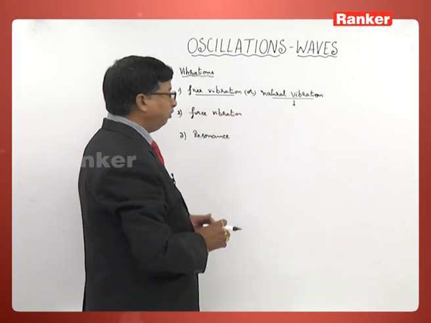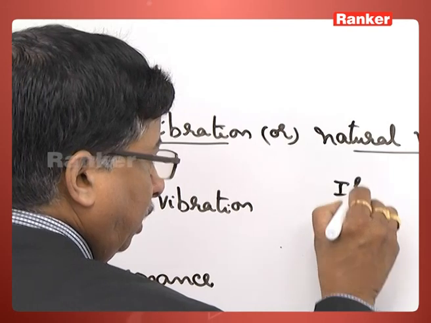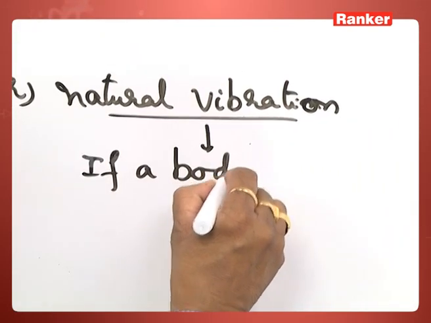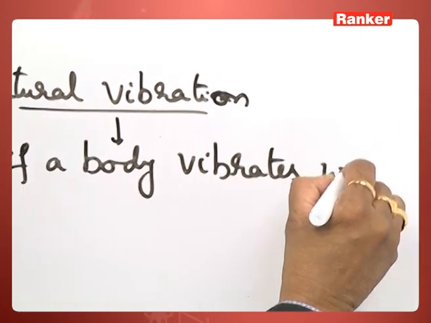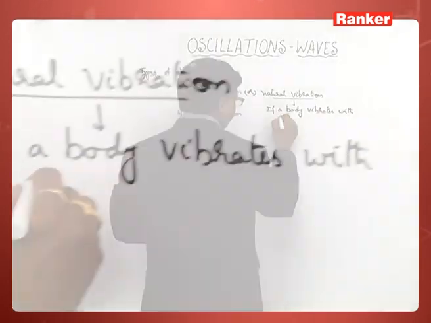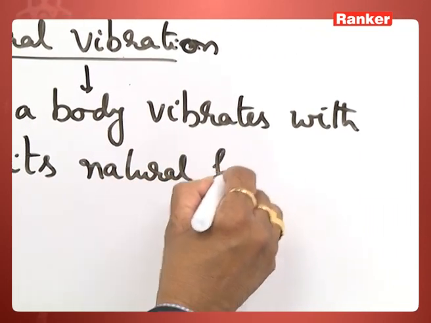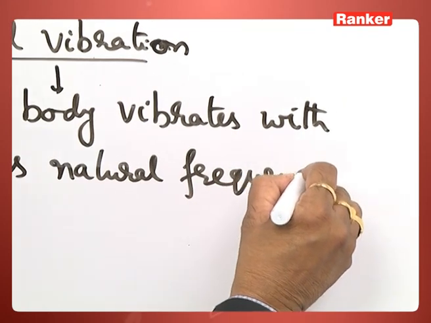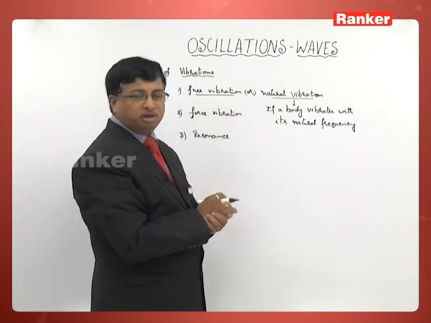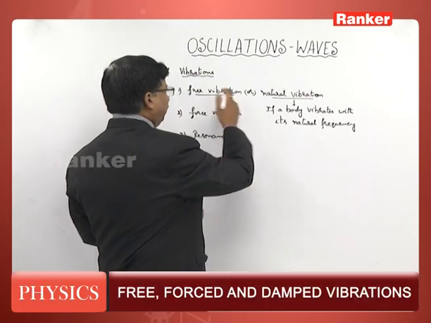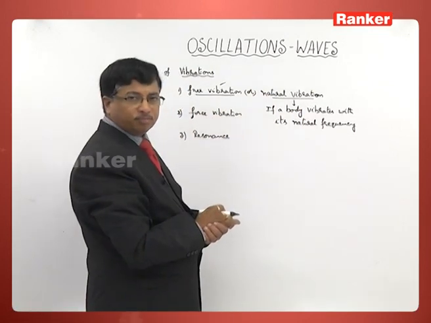So we can say if a body vibrates with its natural frequency, which of course is independent of the force applied to make it vibrate, then the vibrations of the body are said to be free vibrations.